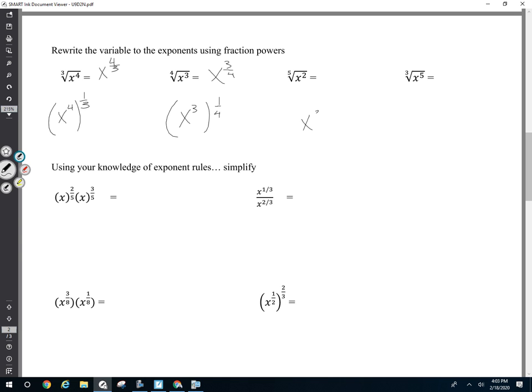A 5th root is just a 1/5 power. 2 times 1/5, 2/5. 5/3.